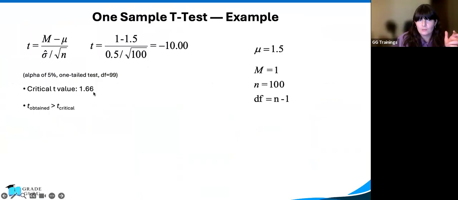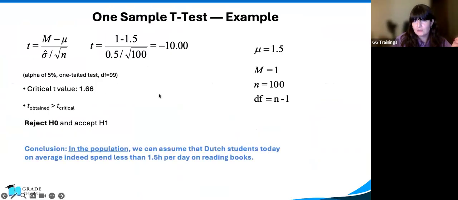Is that greater than 1.66? Yes, it is. So we would reject that H0. And our conclusion is, in the population, because we always have to say that, we can assume that Dutch students today, on average, spend less than 1.5 hours per day on reading books. So do you see that conclusion is literally just restating your H1?